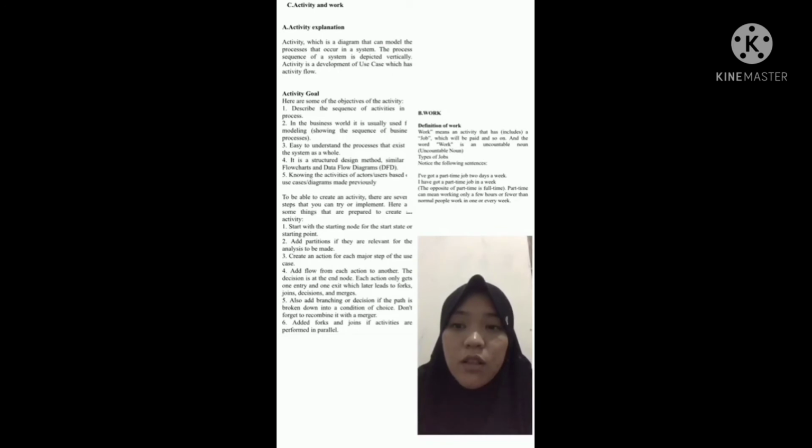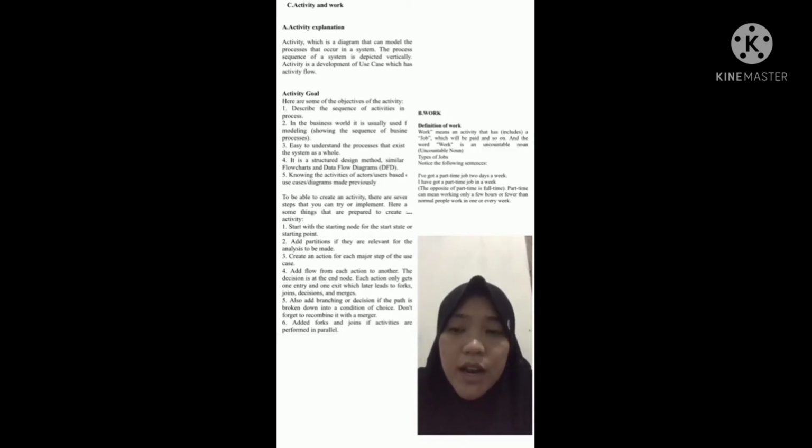Activity goals. Here are some of the objectives of the activity. Number one, describe the stage of activity and a process. Number two, in the business world, it is usually used for modeling. Number three, easy to understand the process that exists in the system as a whole.